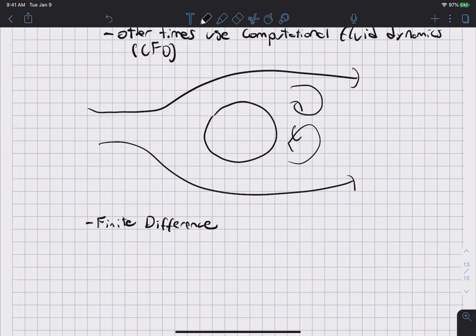With finite difference, you approximate the partial differential equations directly.